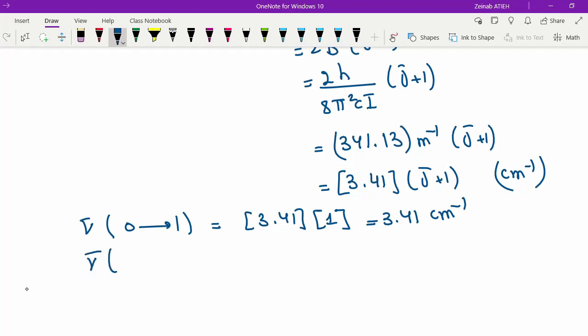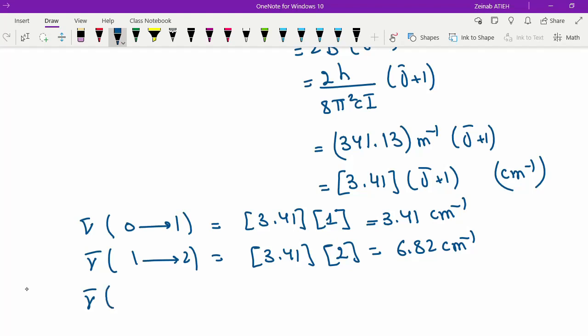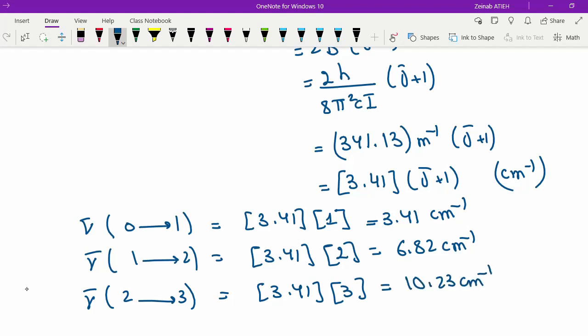For a transition from 1 to 2, it's same constant multiplied by J plus 1. 1 plus 1 is 2, so the answer will be 6.82 centimeter minus 1. And the transition from 2 to 3, it's equal to 3.41 multiplied by 3, which is equal to 10.23 centimeter minus 1.